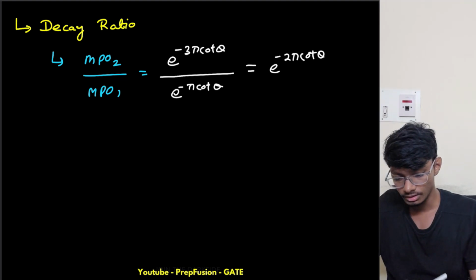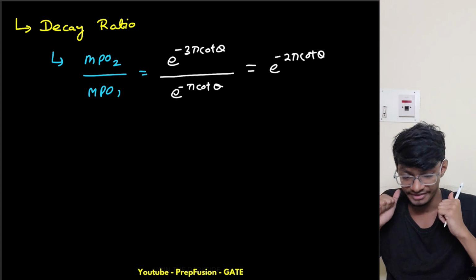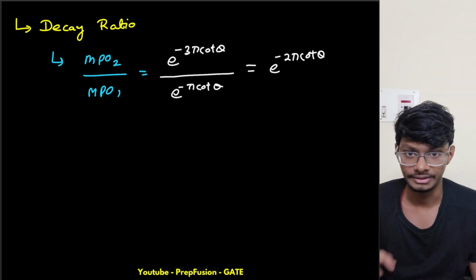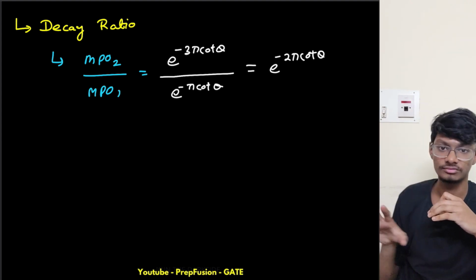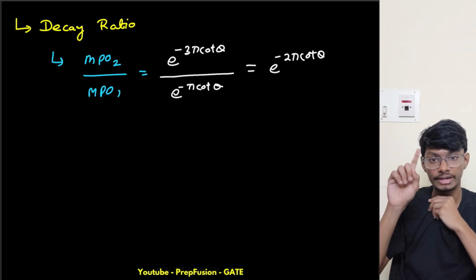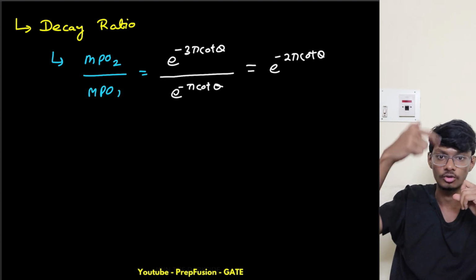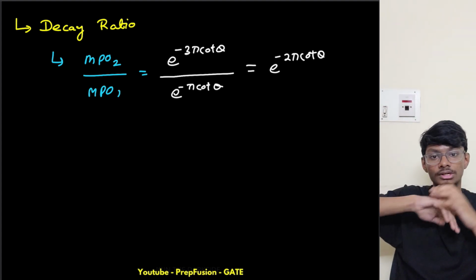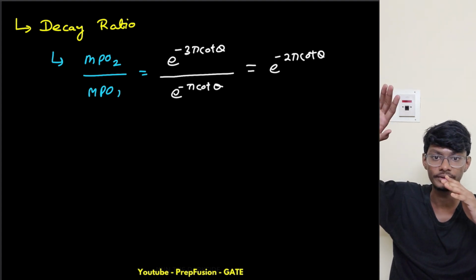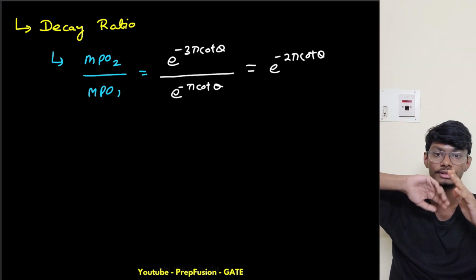Then we studied the variations of poles. These are the performance parameters, and we compared each parameter by varying the location of the poles. How did I vary? I kept one thing constant, either theta constant, or omega d constant, or zeta omega n constant. Then I varied the other two parameters. There was a horizontal movement, a vertical movement, and a diagonal movement.